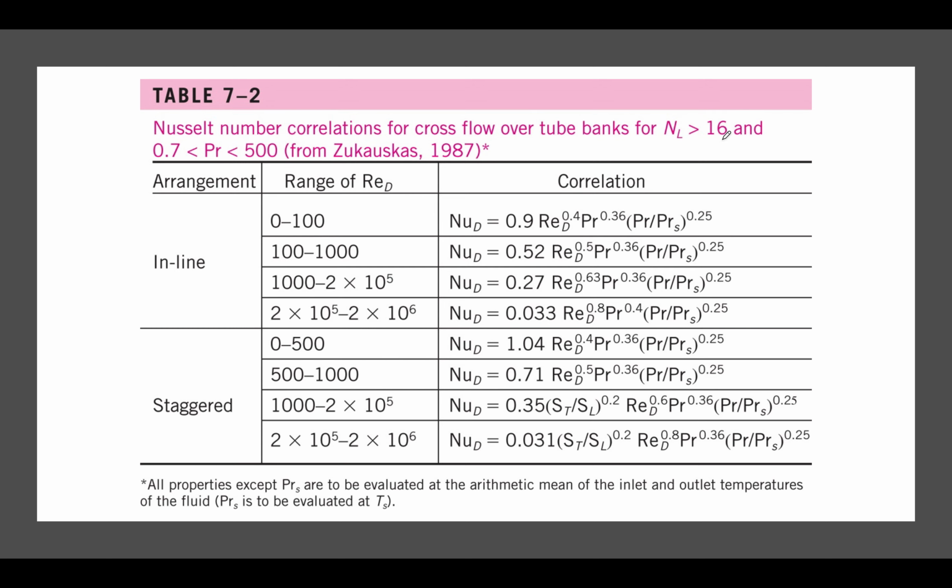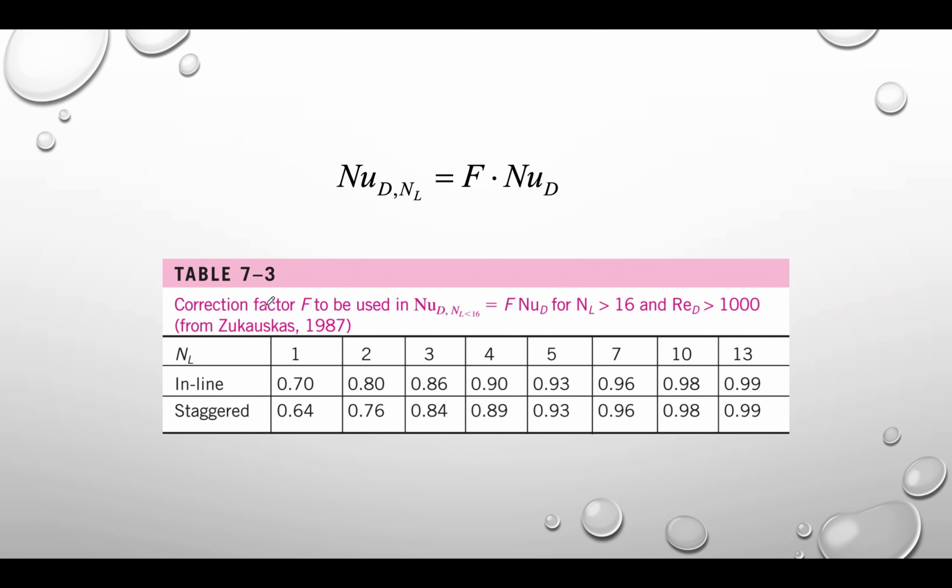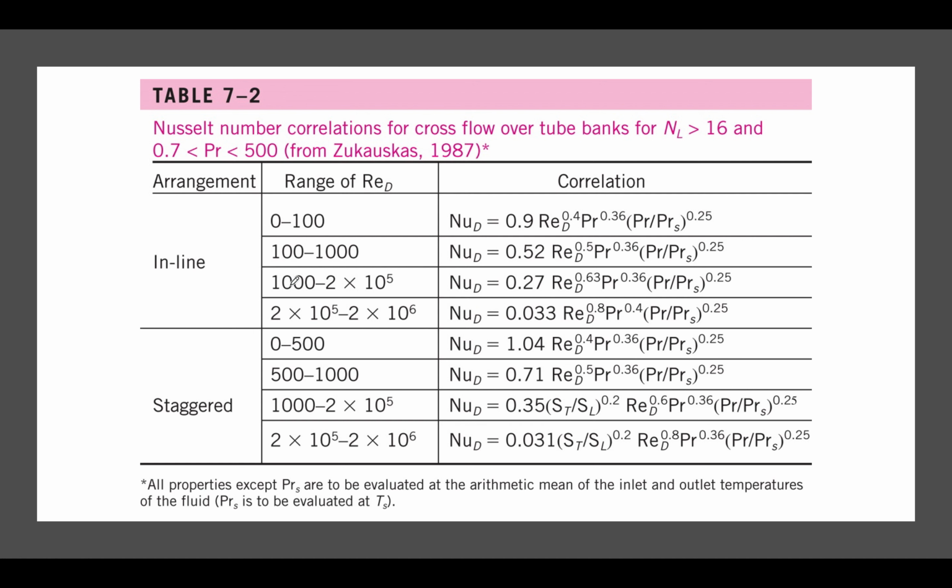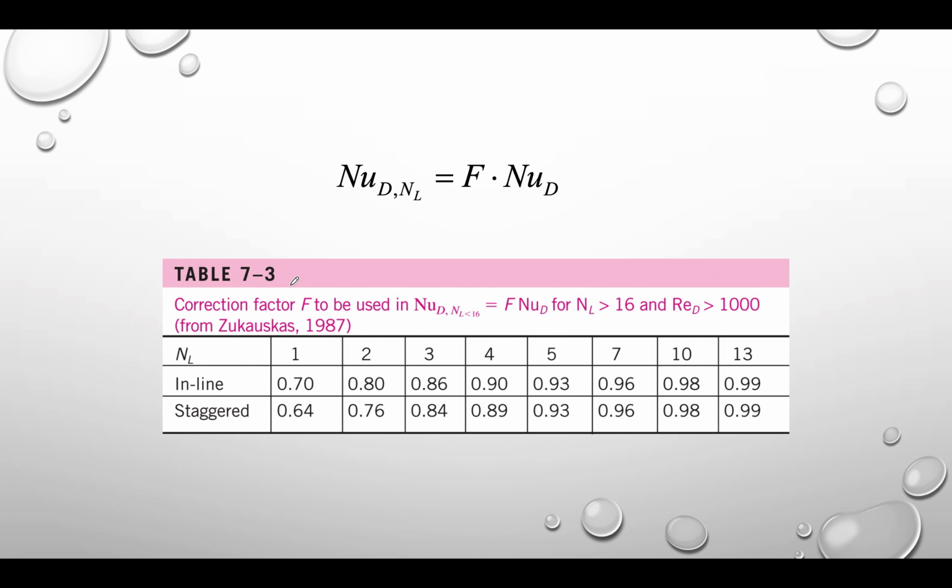What if the number of rows is below 16? You have to refer to Table 7.3, but you still have to refer to Table 7.2 because we want to find the Nusselt number. Table 7.3 is only to find the correction factor. This is the equation for number of rows below 16.